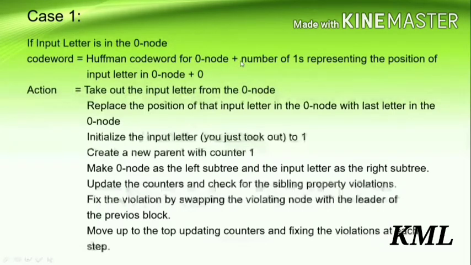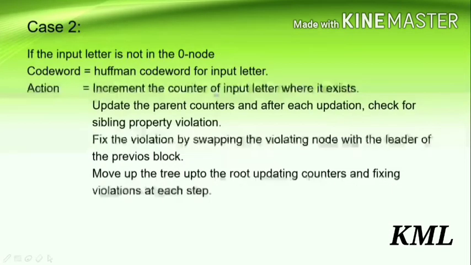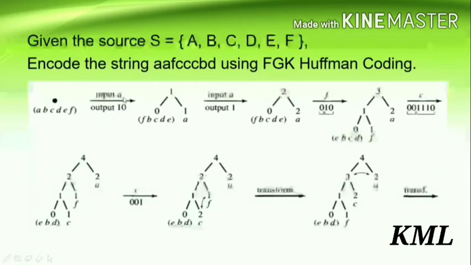Next, we have to concatenate it with the number of ones representing the position of the input letter in the 0 node. So what is the position of the input letter in the 0 node? We start the positioning from 1: 1, 2, 3, 4, 5, 6, these are the positions. So A is at the first position, position 1.